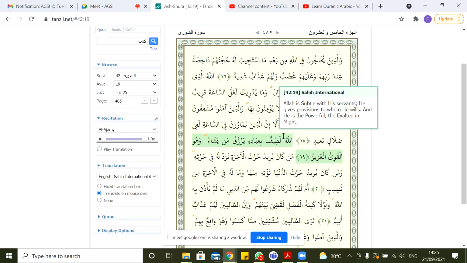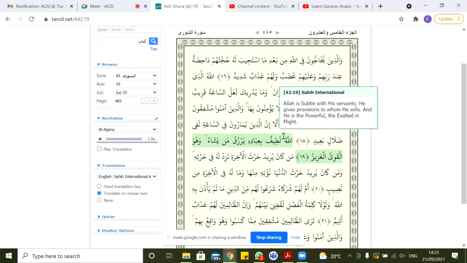Man is a man mawsula, whoever, who or whoever. Yasha'u is... So do you think there is a connection between yarzuqu and man? Yes, because it goes to yarzuqu, so it's whoever he provides.